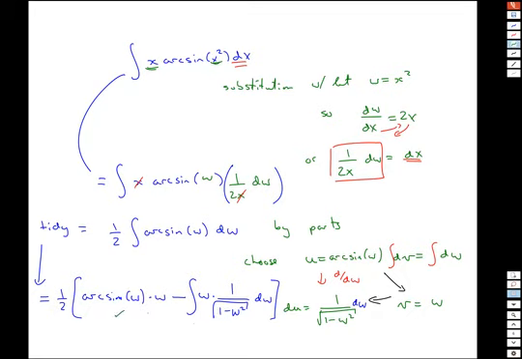We're done this part. This part is where I would say we have a third stage. We've done substitution, that simplified it one way. Then we did integration by parts, and that simplified it into a new form. It doesn't look simpler, but it does look exactly like another substitution integral where we have 1 minus w squared, its derivative is w, things will cancel, and let's pick z as our new variable, 1 minus w squared.